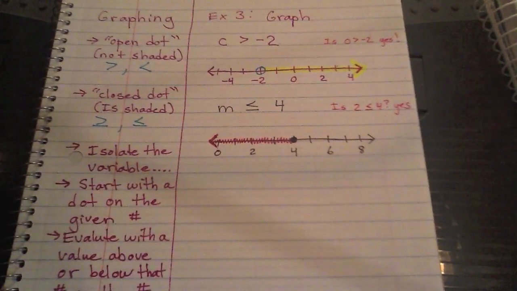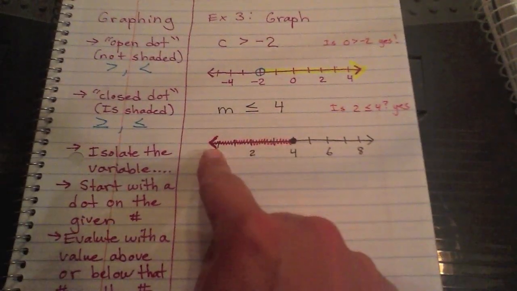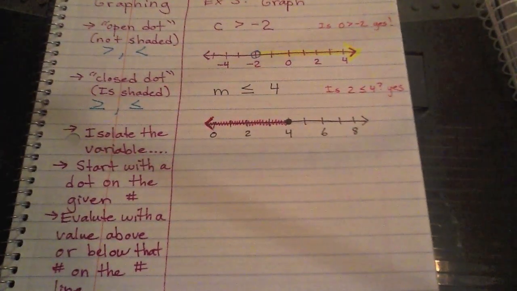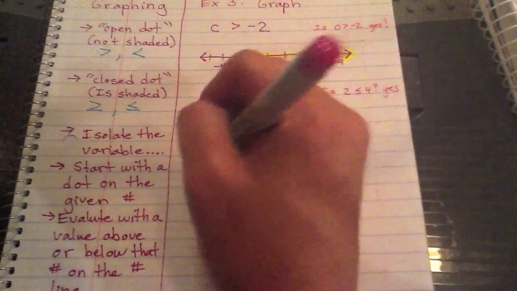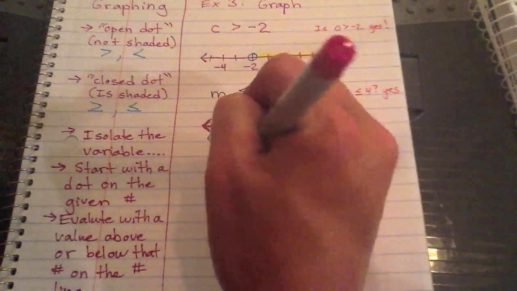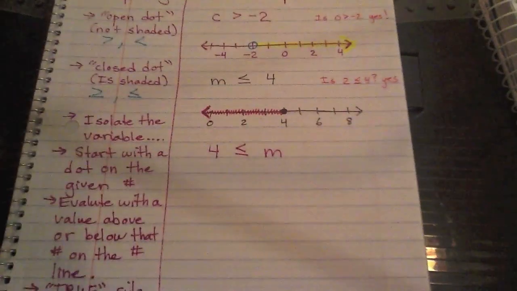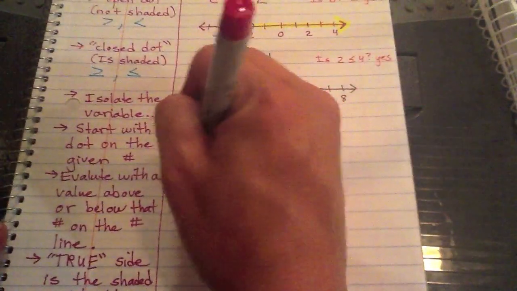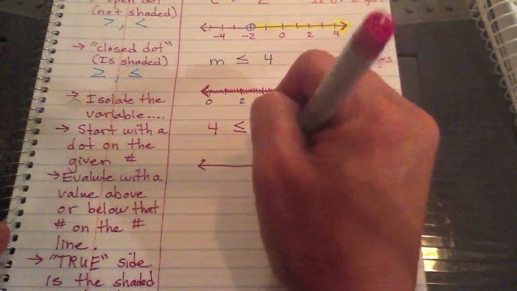Now we're going to look at that exact same problem. Notice the arrow's pointing that way, but I just want you to see the difference with that exact same thing if it had been written like this: 4 is less than or equal to m. So those look almost exactly the same. Go ahead and draw your number line.